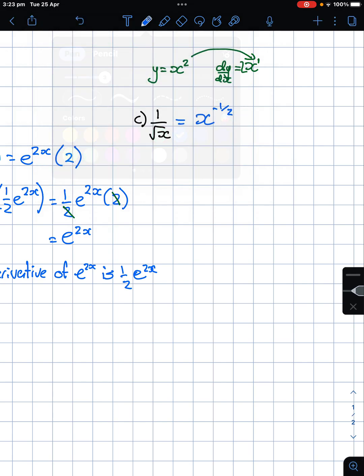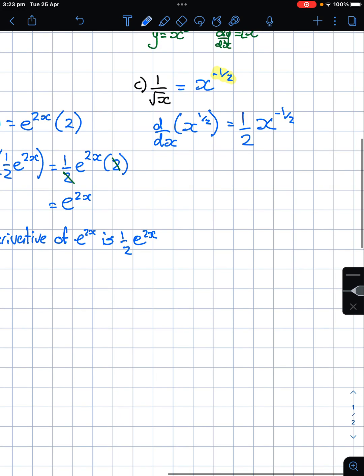You notice how this power drops by 1. So this one here, the value has to be 1 bigger. So I think, well, that's going to be the derivative d dx of x to the half. If I take that derivative, I get 1/2 x to the negative 1/2. So I'm almost there, but it's not quite right. I've got this fraction out the front that I don't want.